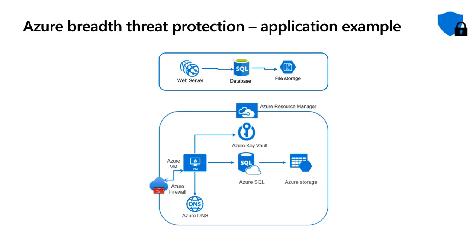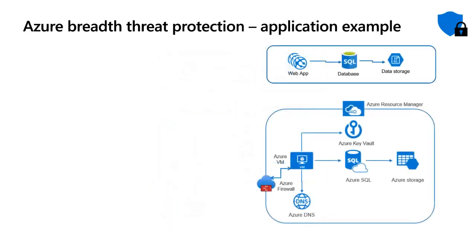Azure SQL can be used as the database. We've got Azure Blob Storage as file storage, and Key Vault, which is used to securely store the secrets used to access both the SQL Server and the Azure storage. And last but not least, we've got the Azure Firewall, which is able to limit incoming and outgoing internet communication over HTTPS to the web app itself.